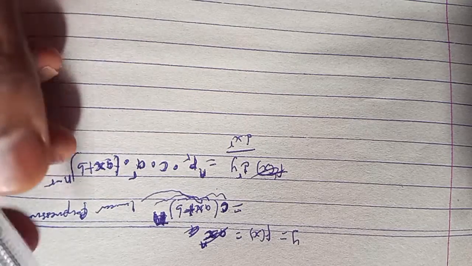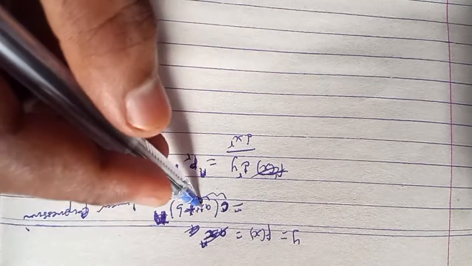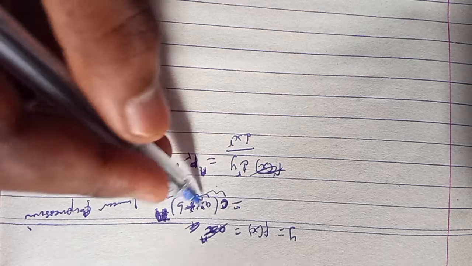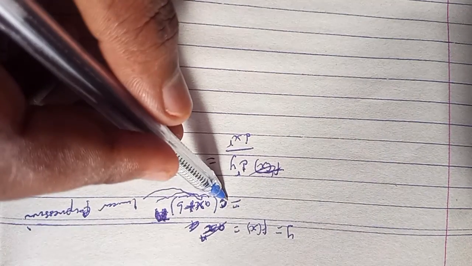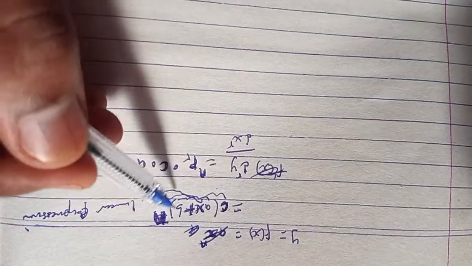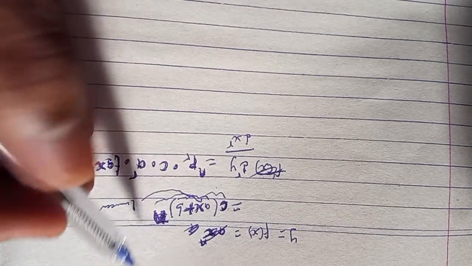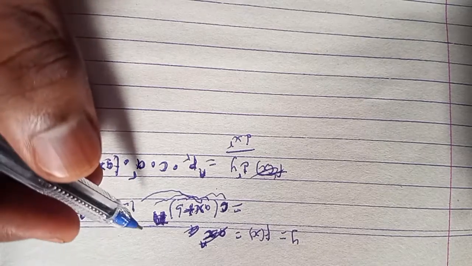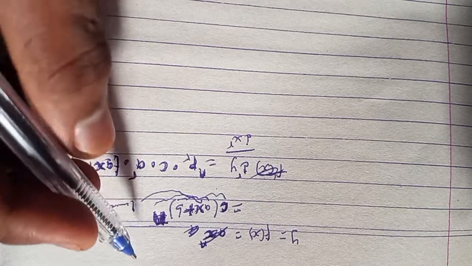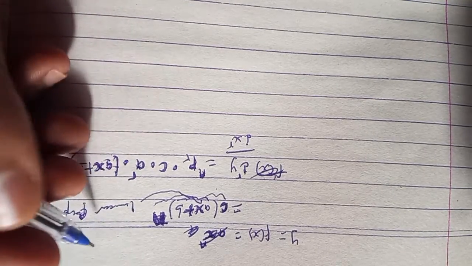A can be anything apart from 0, because they are saying it should be linear. But b can be anything at all, provided it is a real number, because you are limited to real numbers.